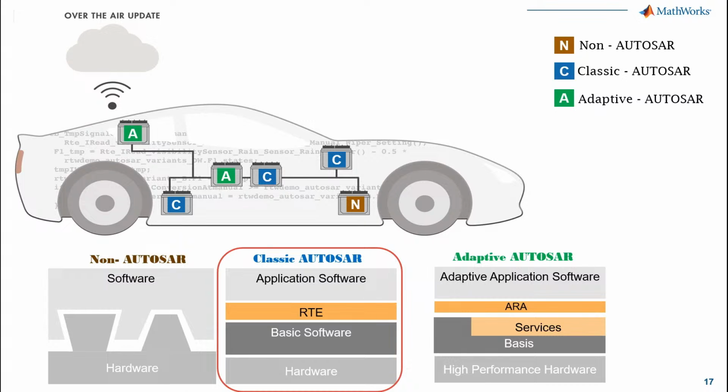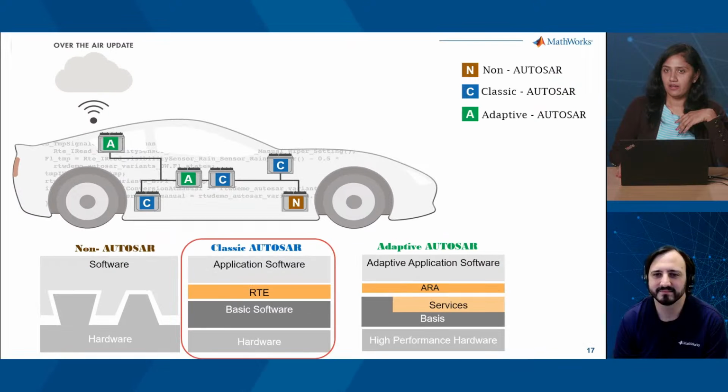Not necessarily that the Classic application has to move to Adaptive. Yeah, so I would say probably a few OEMs have already launched Adaptive ECUs in the car, and you're going to see non-AUTOSAR, Classic as well as Adaptive ECUs in a car.